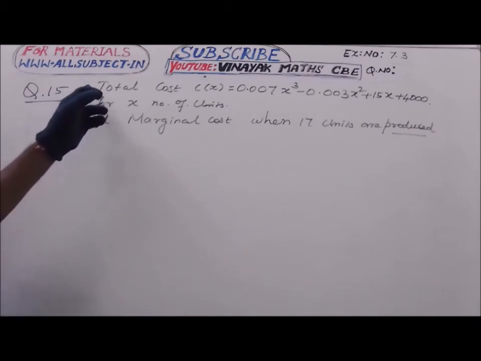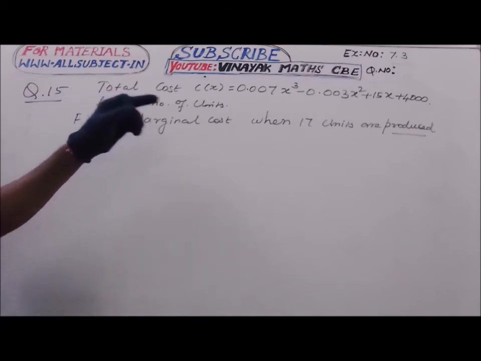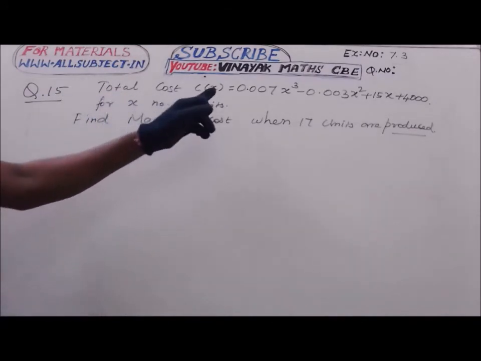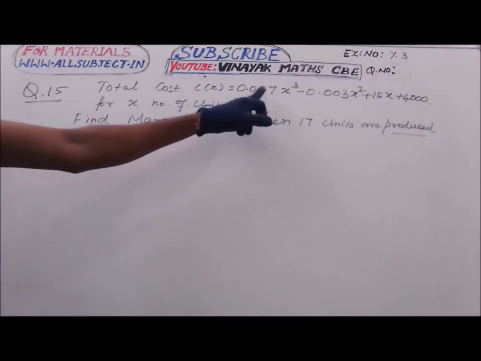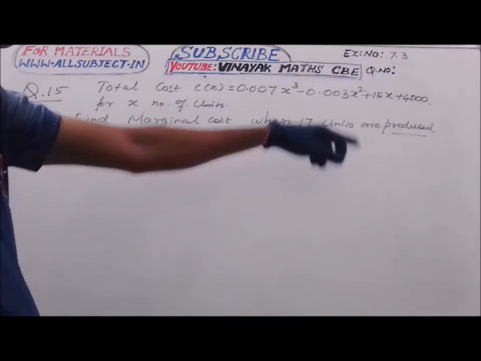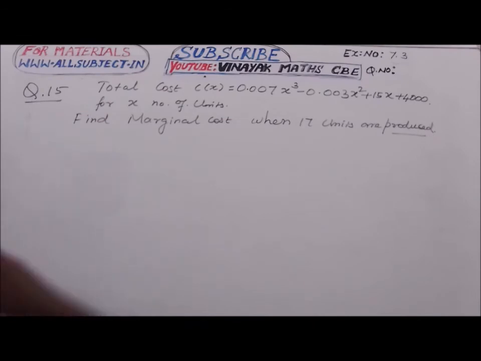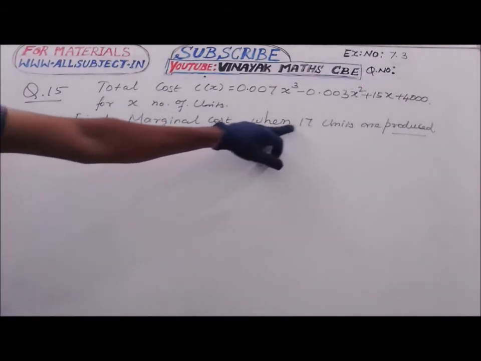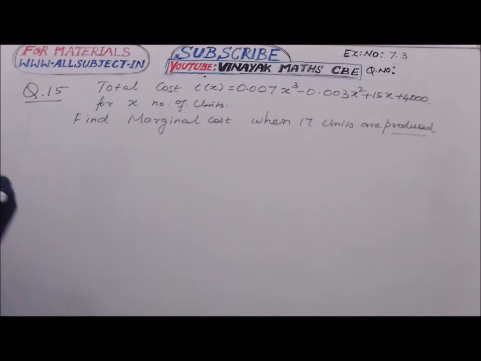So the total cost of the production for x number of units is given by C of x. X represents number of units. We need to find the marginal cost when x is equal to 17 units are produced.